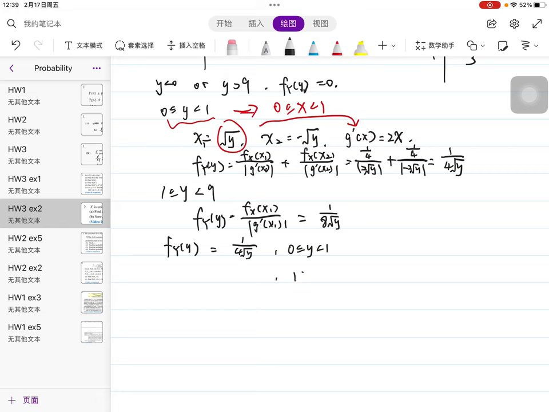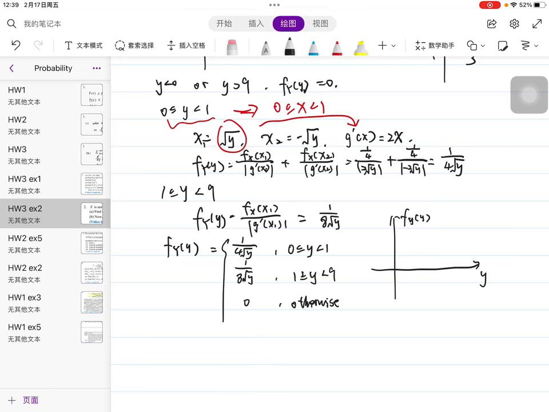And when y is between 1 and 9, it equals this. Otherwise that is 0. And the figure looks like this.